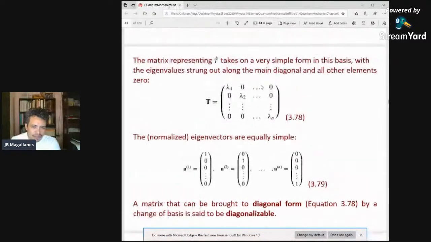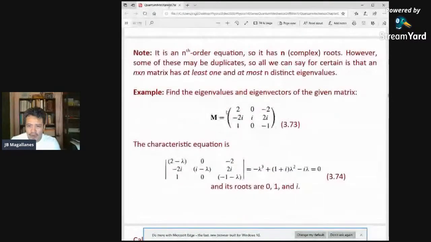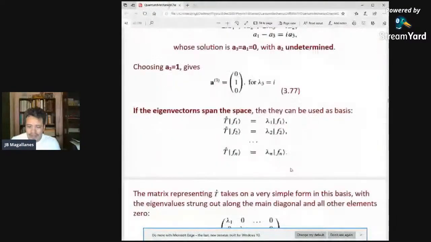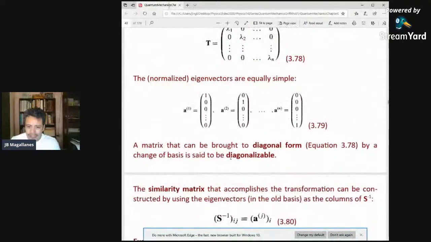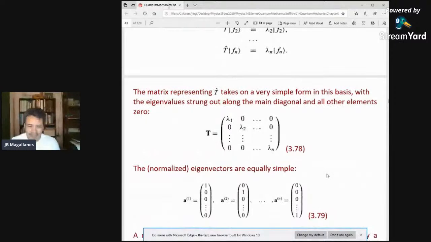I hope you understand what's going on here to find the eigenvalues and the corresponding eigenvectors. So that matrix is diagonalizable. You have the diagonal form of the matrix by writing all the eigenvalues on the diagonal.